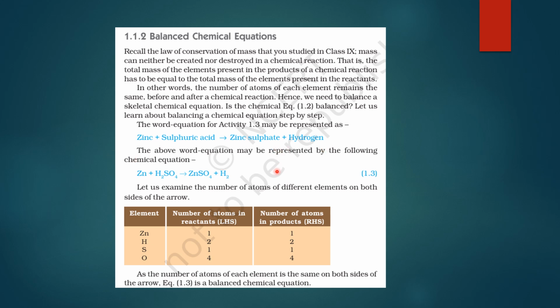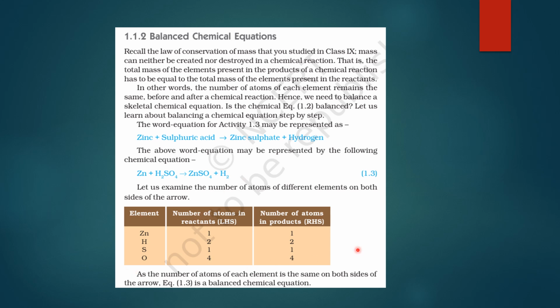Now if we represent this in the form of a chemical equation, we get Zn plus H2SO4 gives ZnSO4 plus H2. So this is the chemical equation obtained for that. So now we have to check whether the number of atoms of each element is the same on left and right hand sides.